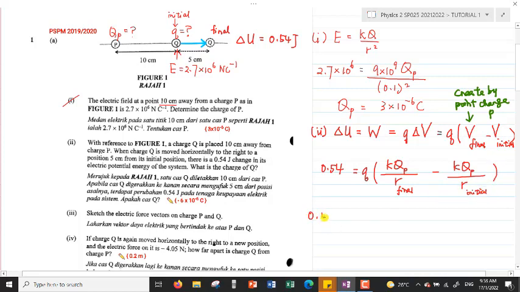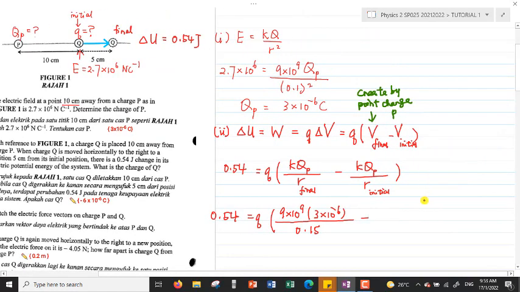Okay, then we put in the values. So for q, which we want to calculate, we have 9 × 10^9, the charge P already determined from question 1, 3 × 10^-6, over the final distance, which will be 15 cm, so 0.15, minus k, 9 × 10^9, the magnitude of charge Q_P, 3 × 10^-6, over the initial distance from charge P, which will be 0.1.